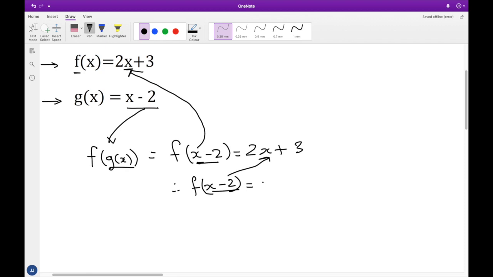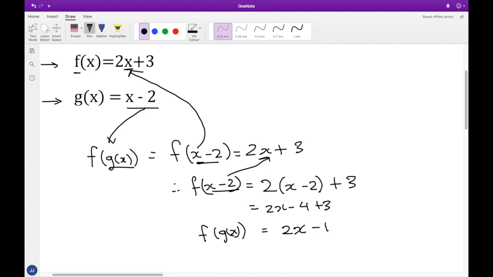So that will be 2 times x minus 2, plus 3. And that will be 2x, and then 2 times negative 2 is minus 4, plus 3. And that will be 2x minus 1. So therefore, the f of the g of x is 2x minus 1.